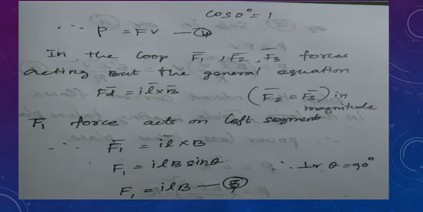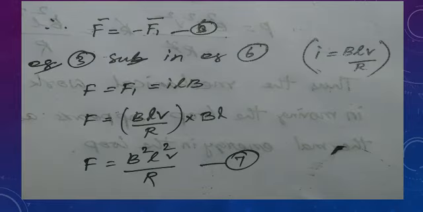Okay, students. The total force is opposite to the F1 force. In the diagram, the force F is acting to the right side and the F1 force is acting to the left side. Therefore F is equal to minus F1.